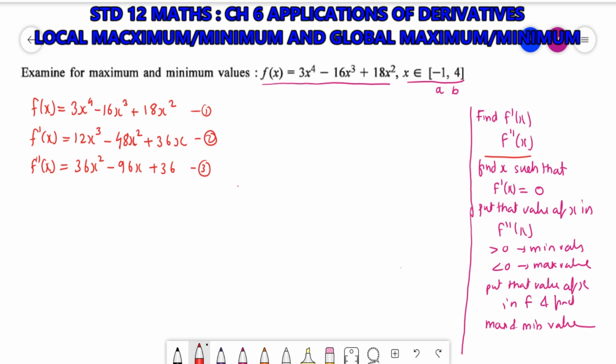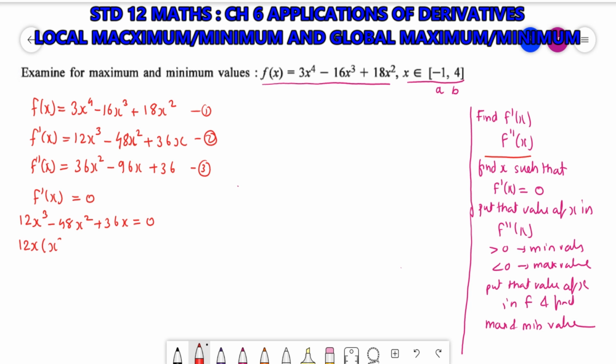Now second, find x such that f dash x is equal to 0. That means we will take f dash x equal to 0. Now what is f dash x? 12x cubed minus 48x squared plus 36x equal to 0. So I can take 12x common here.